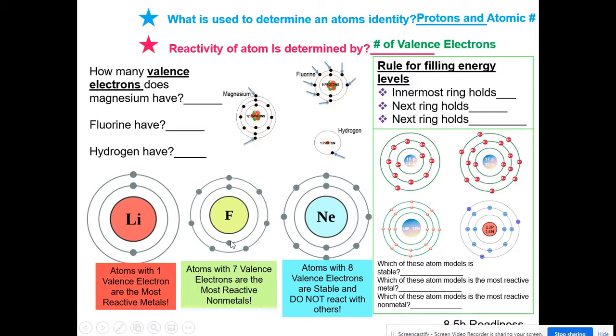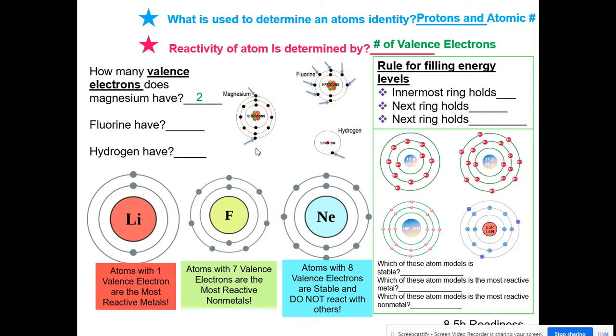How many protons does magnesium have? 12. Now, how many valence electrons does magnesium have? Valence electrons are on the outermost shell. That's this ring on the outside. 1, 2. Valence electrons for magnesium, the number is 2.